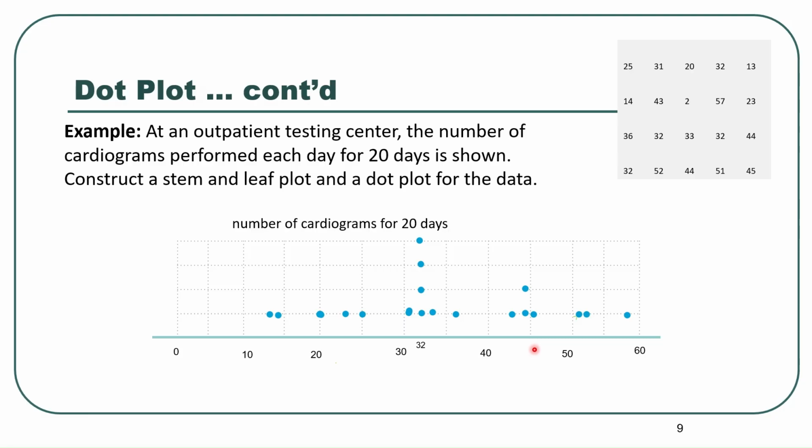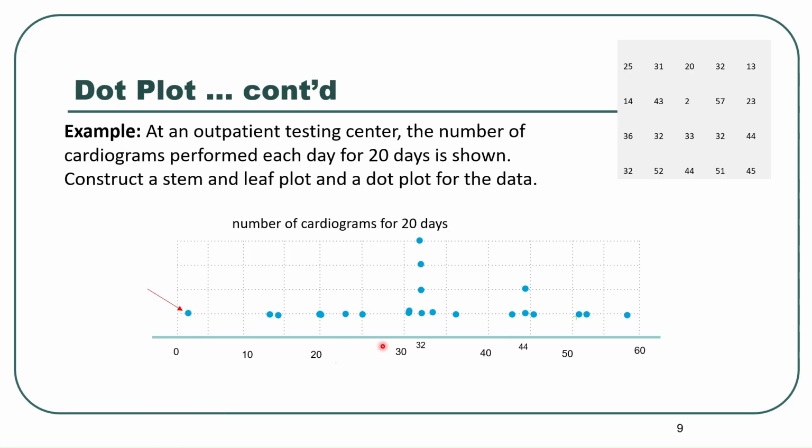This is 40, this is 45, so this is 44. Here is the first 44, and here is the second 44. And these are all of our dots, except for the 2 because 2 has not appeared. Let me just add it, yeah, here is my 2.